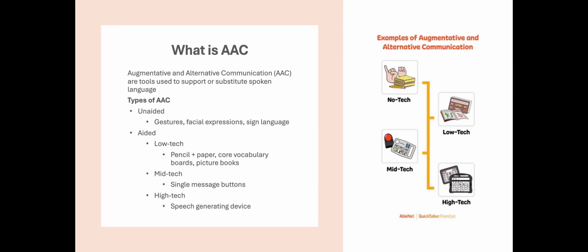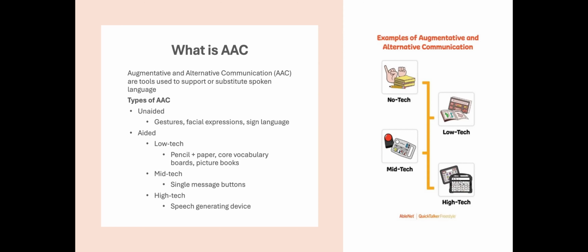Aided communication can be broken up into three categories further based on their level of technology. Aided communication refers to an external tool that helps someone communicate. And then again, it's categorized into its technology level. There's low tech, which would be something with no technology at all.